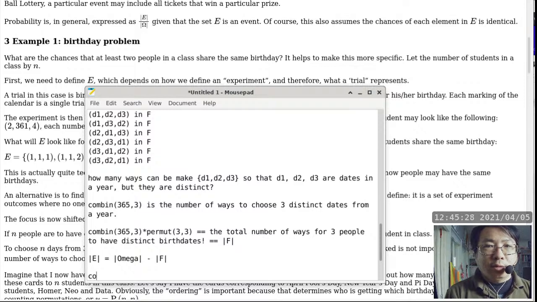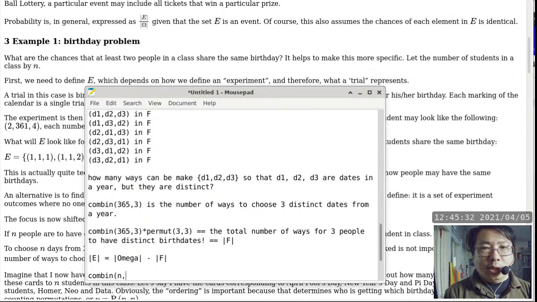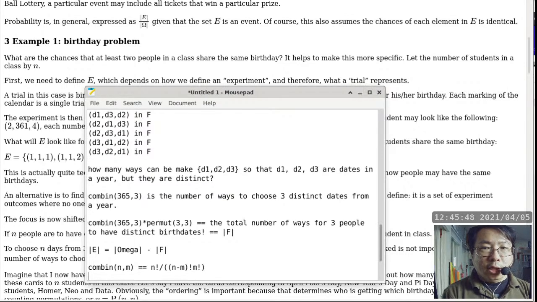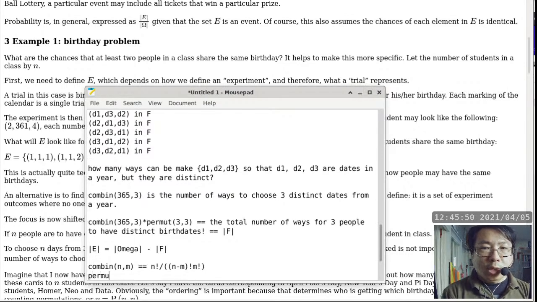So let's go ahead and revisit what combin is. Combin(n, m) is n factorial divided by (n minus m) factorial times m factorial. That is how we define combin. And then permut(n, m) is n factorial divided by (n minus m) factorial.